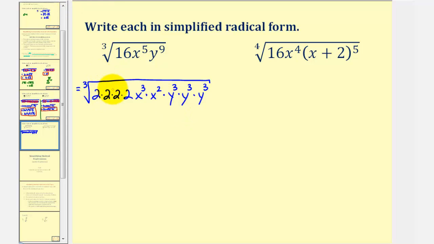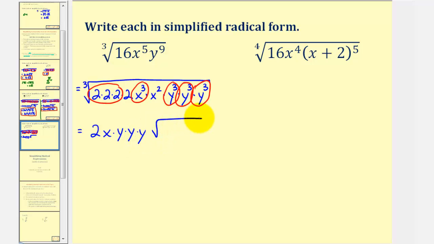Now we'll circle groups of 3 to represent the perfect cube factors. So there's a perfect cube, there's a perfect cube because we have raised to the 3rd power, as well as here, here, and here. And again, each group will simplify to 1 factor. So we'll have 1 factor of 2, 1 factor of x, 3 factors of y, which would be y to the 3rd, but I'll write y times y times y.